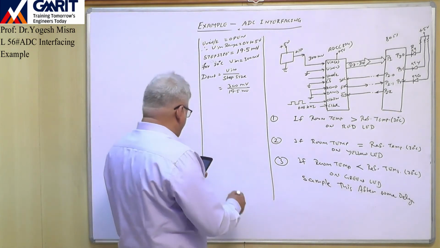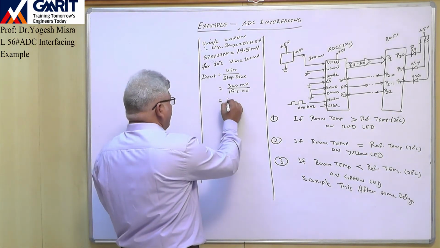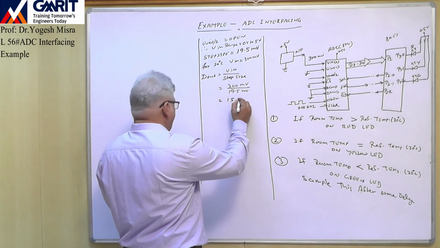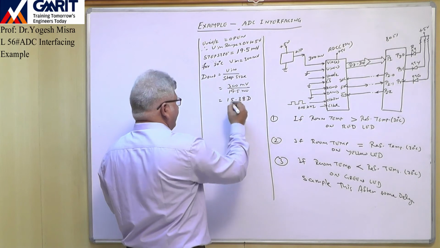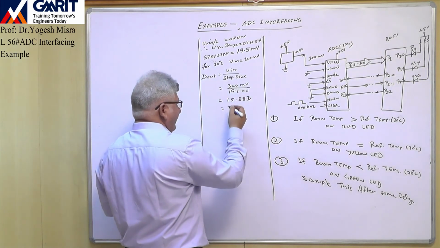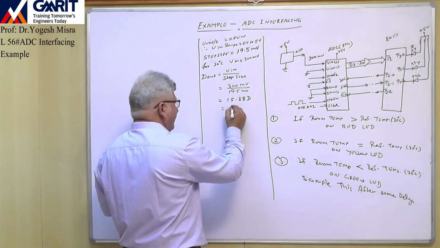This is 15.38 in decimal. We convert it in round figure, so it will be 15D.